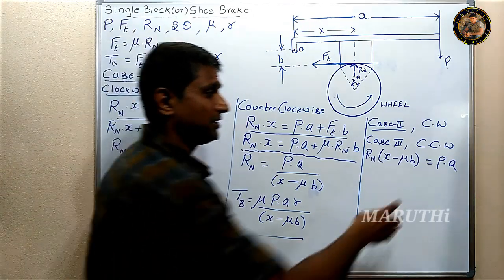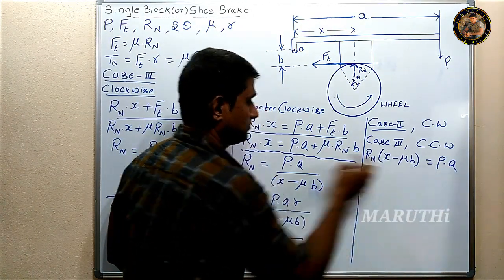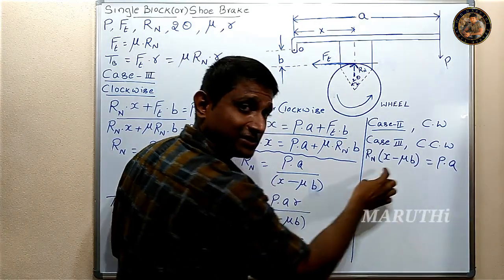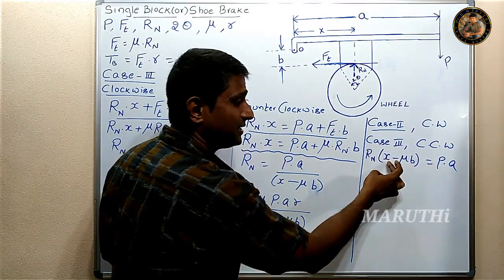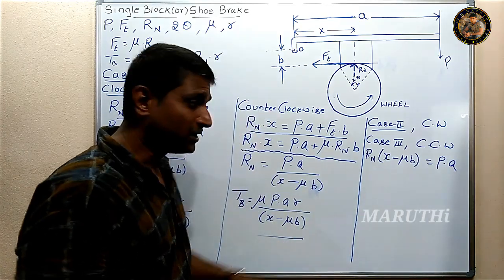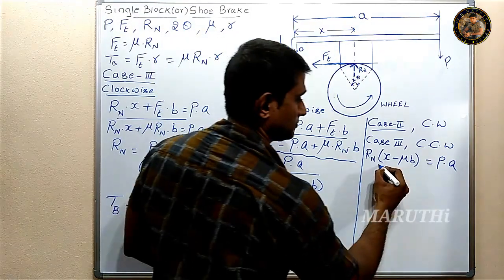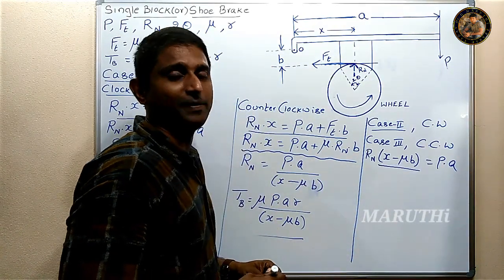Now P is equal to, from this I got this one. We take A to this side. So P is equal to Rn into X minus mu B divided by A. So P can be negative only when this is negative, or if this is 0, then P will be 0.